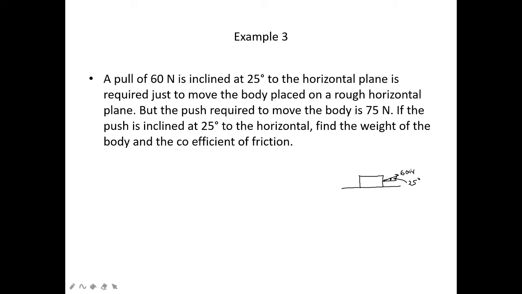If it is moving in this direction, the frictional force will act in the opposite direction. So let this frictional force be F. Let the weight of the body be W, and the reaction is R. So this is the first case.